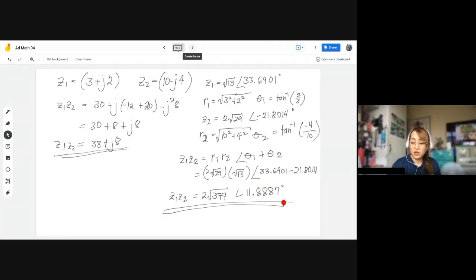And if you're going to check from here, that is square root of 38 squared plus 8 squared, which is 2 square root of 377. Then arctangent 8 over 38 is 11.8887 degrees.